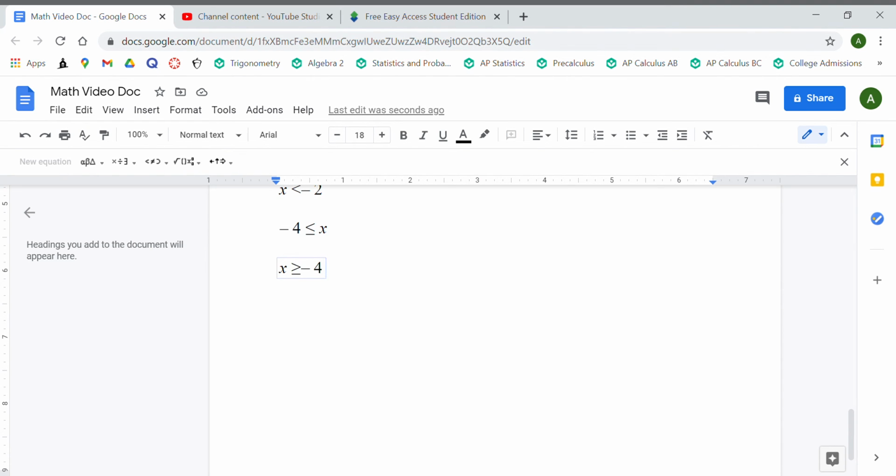Now, we're going to try to go in the opposite direction. We're going to write inequalities from graphs. So how about I give you this?